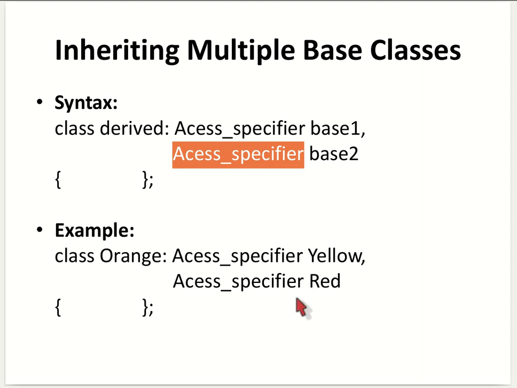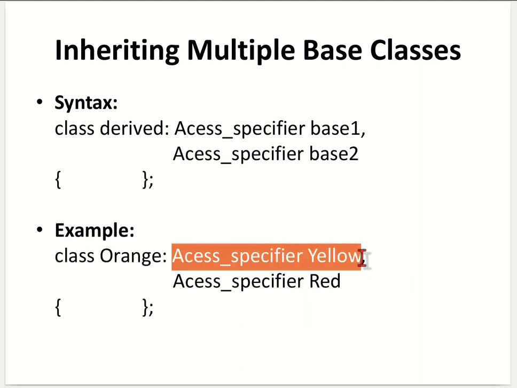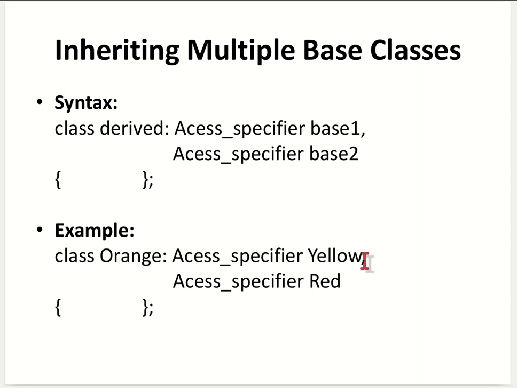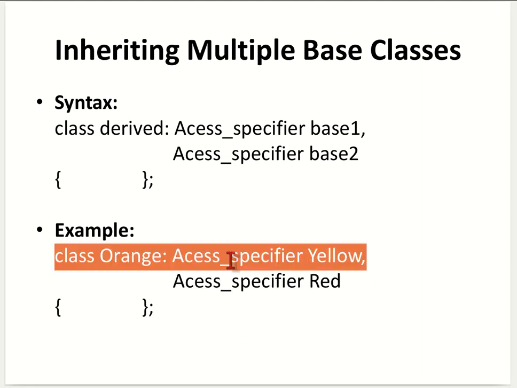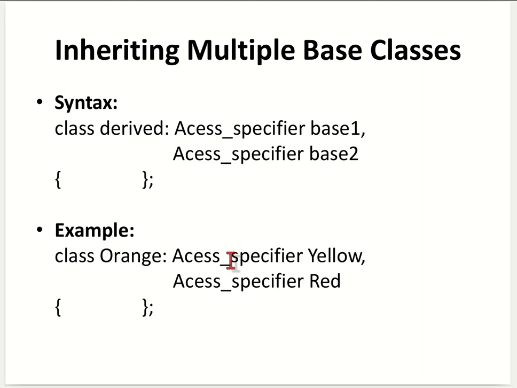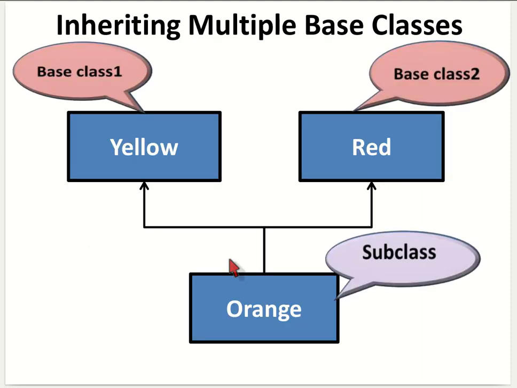After the first base you have to put a comma and give the other one. This access specifier can be public, private or protected.